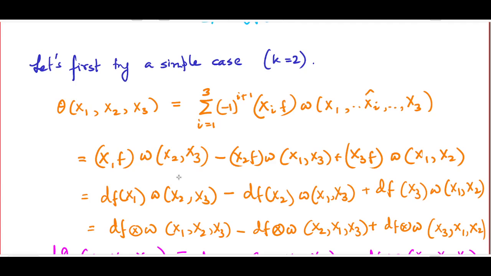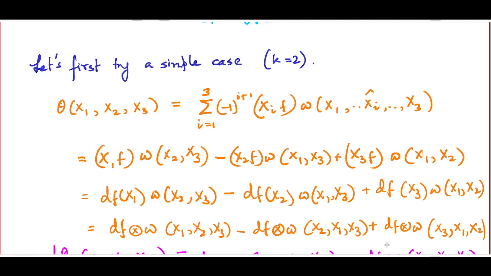So falling back upon the definition of the tensor product of two tensor fields, you have df tensor product with omega with arguments x1, x2, x3 sitting here. This is df tensor product with omega with arguments x2, x1, x3, and this is df tensor product with omega with arguments x3, x1, x2, with, of course, the plus minus plus signs still intact.